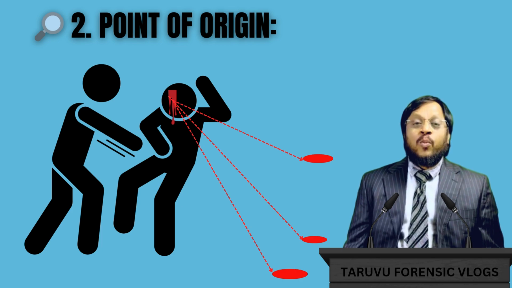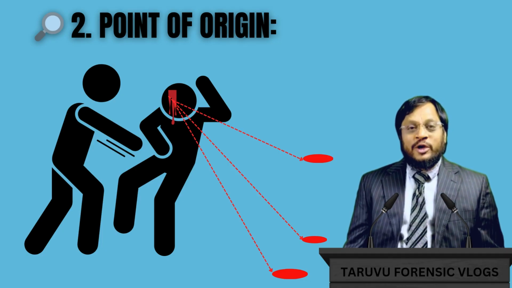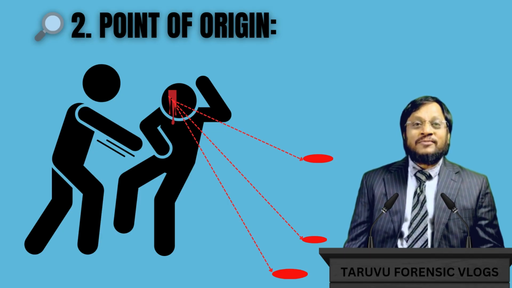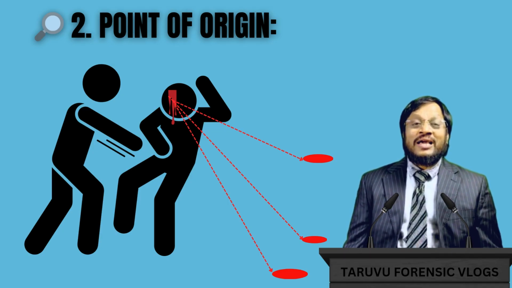Second one is point of origin. By analyzing the angles and trajectories of bloodstains, forensic experts use trigonometry to determine where the blood comes from. It helps in reconstructing the crime scene.